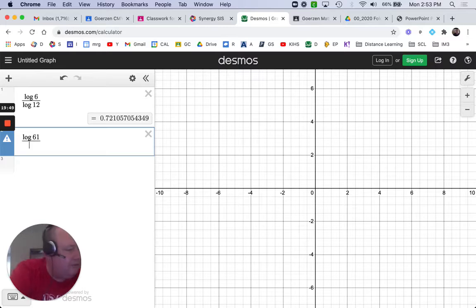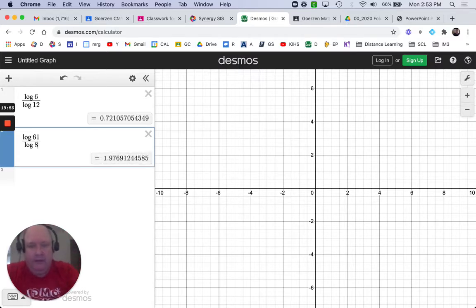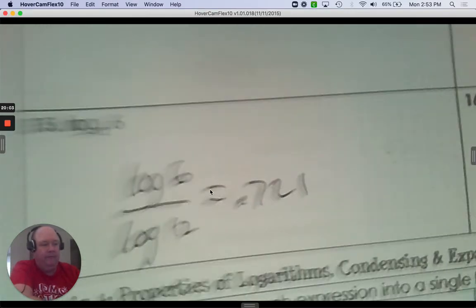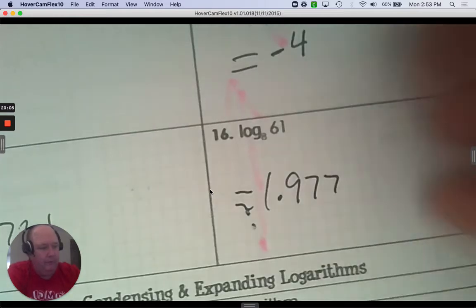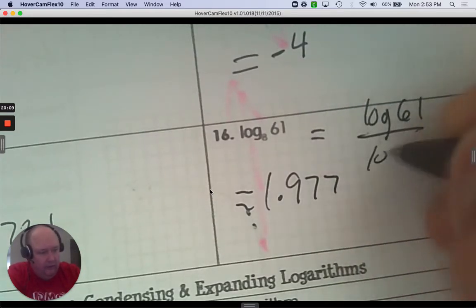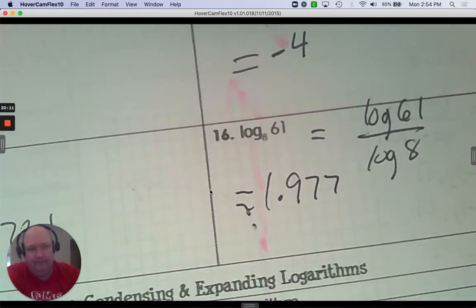Is that what that is? Yes? So that gives me 1.977. So again, this was log 61 divided by log 8.